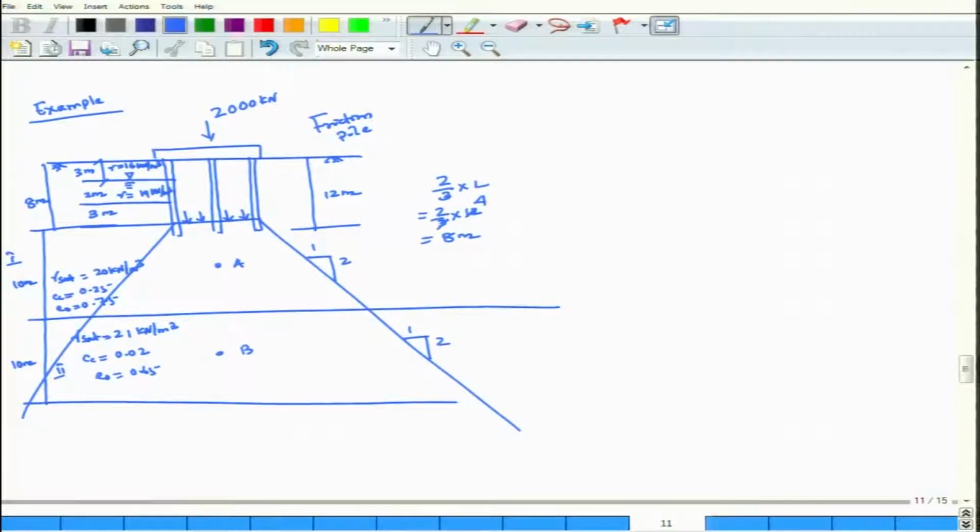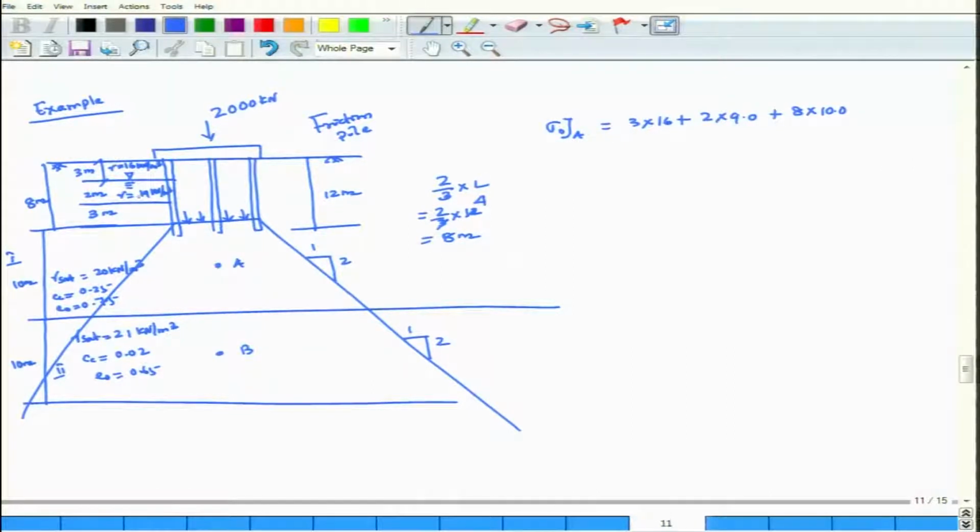Sigma 0 at point A, the middle of layer 1, is equal to 3 into 16 plus 2 into 9.0 plus 8 into 10.0. The water table is here at 3 meter. Above the water table it will be 3 into 16.